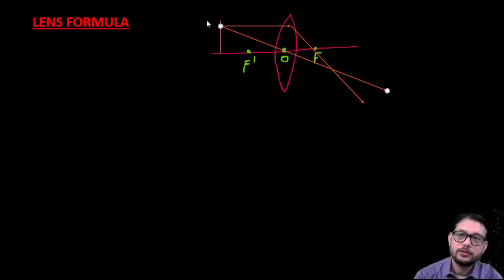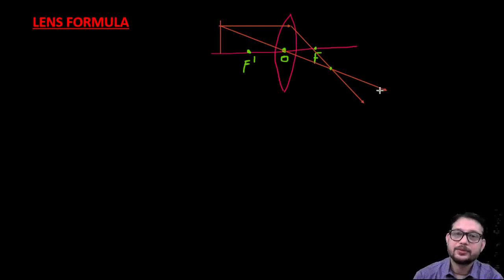And you can easily see that these two rays intersect each other at this point. As we know, where the rays intersect each other is the point of the image. So here we get our image.